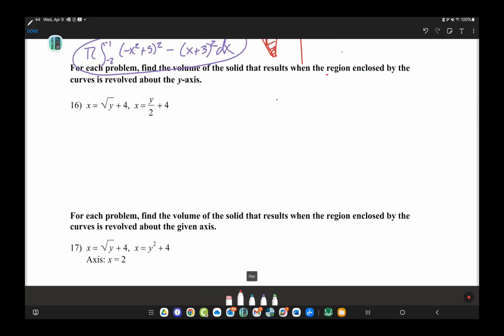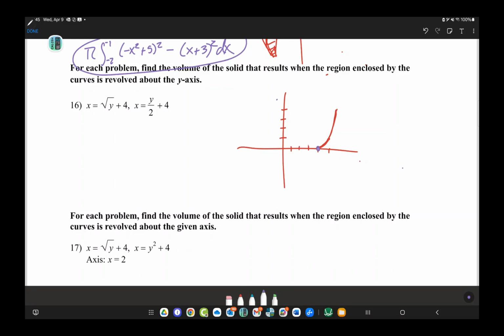Now, putting this in terms of y. So y equals square root of y plus 4, starting at 1, 2, 3, 4. And then y over 2 plus 4.